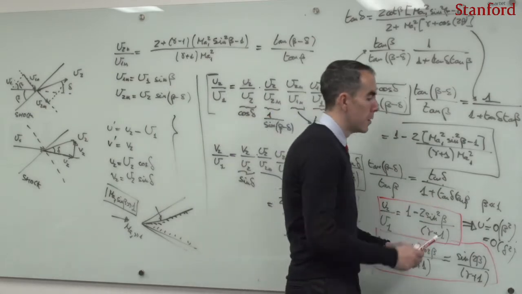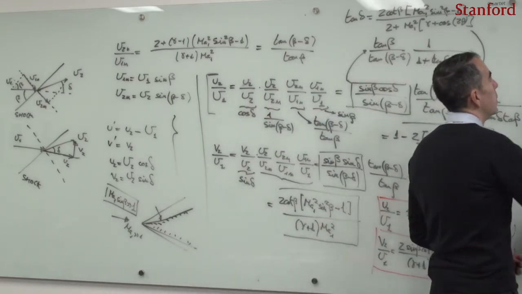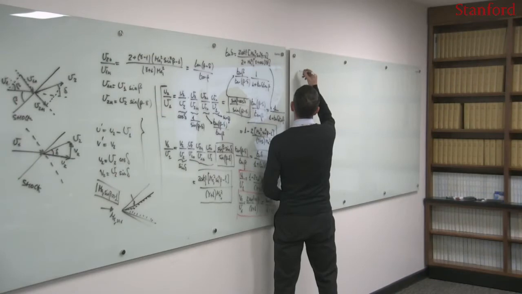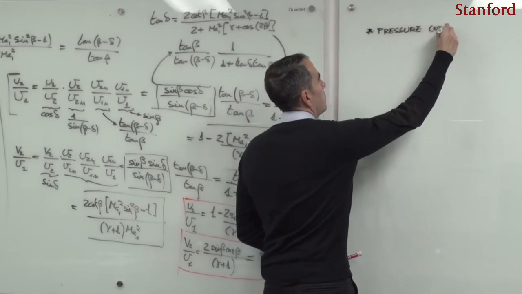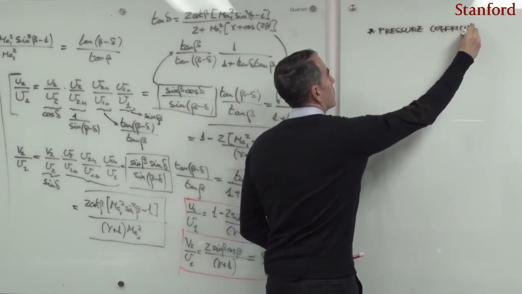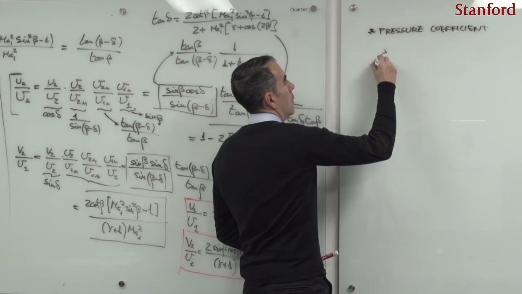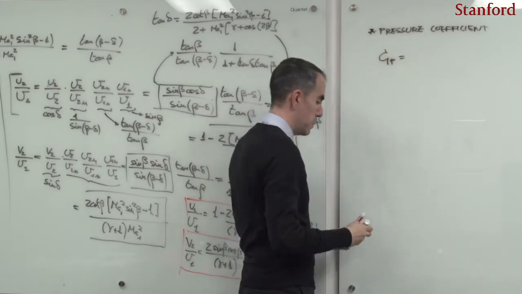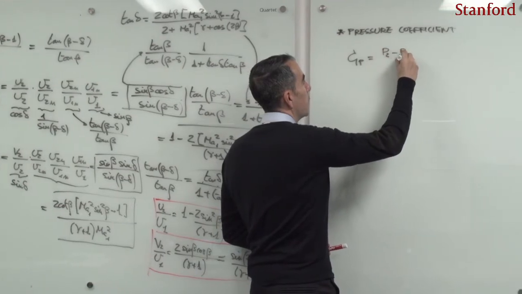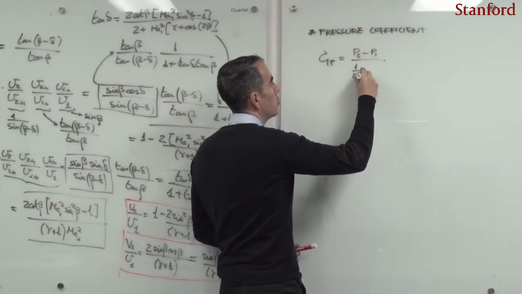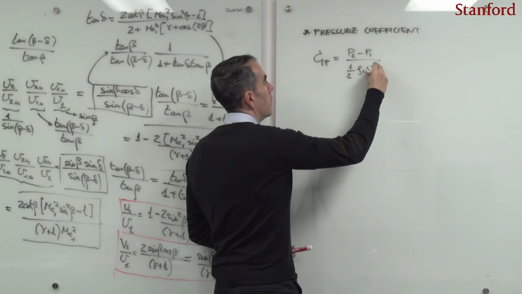So for instance here, if I write now the pressure coefficient, this pressure coefficient is just going to be the pressure P2 minus P1 divided by 1 over 2 multiplied by rho 1 U1 squared.